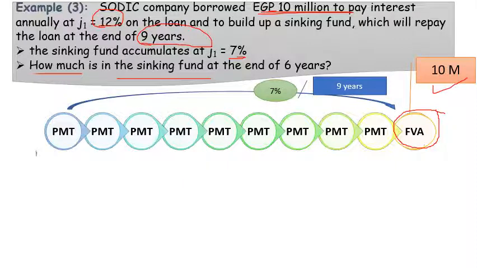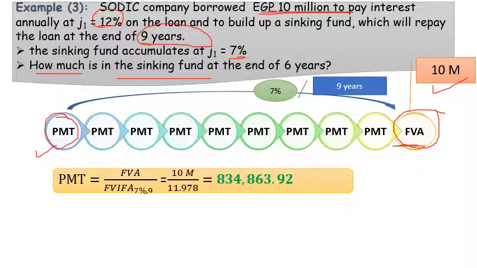So first of all, we have to calculate the amount of payments Sodic will make at the end of each year by using the equation of future value of annuity, in which we divide future value of annuity by its factor at 7% for 9 years.